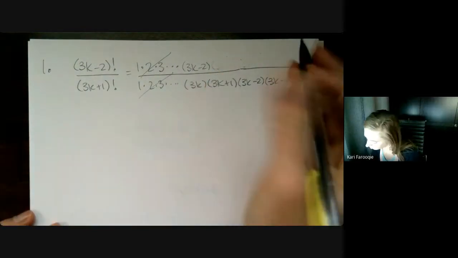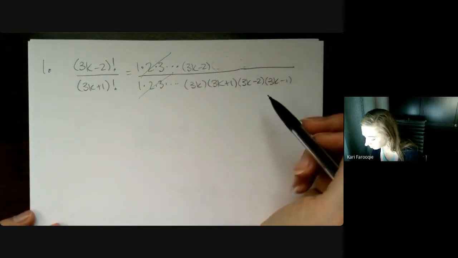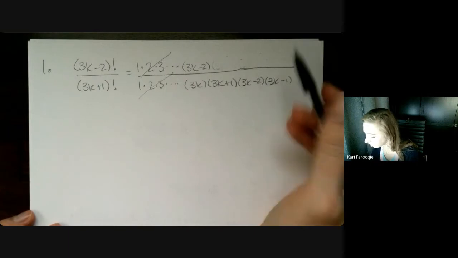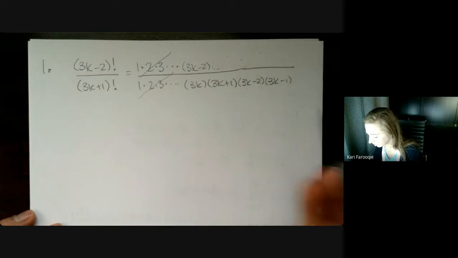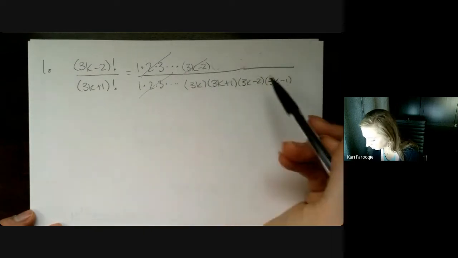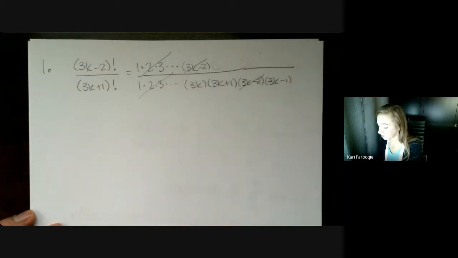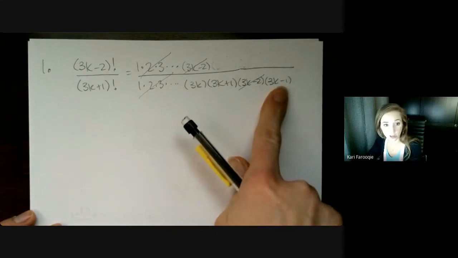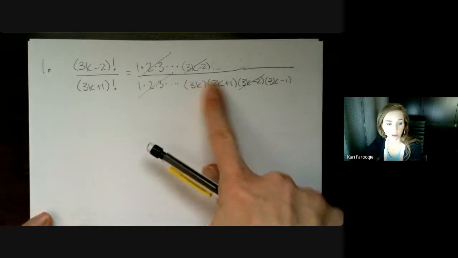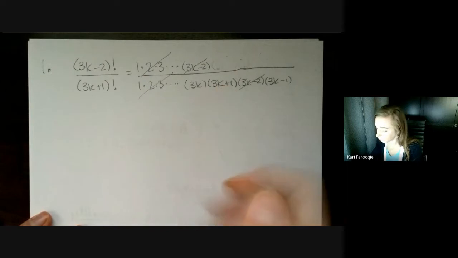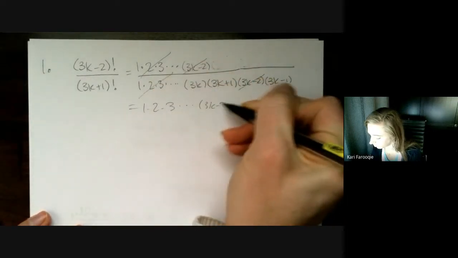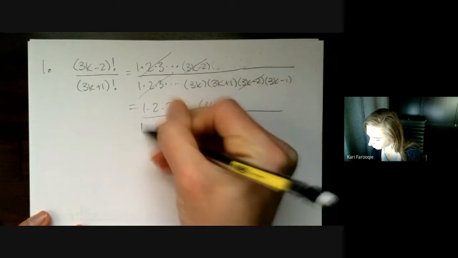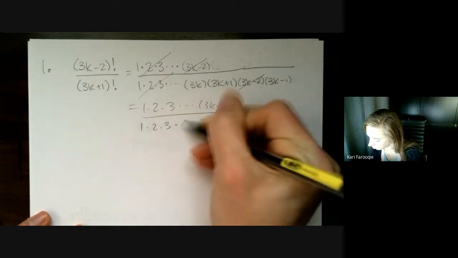So I am going to go ahead then and cancel out anything that I can, which for me is, since I put these in the wrong order, I know it's going to go all the way up to 3k minus 2. However, that still leaves me with a 3k minus 1, a 3k, and a 3k plus 1. And if you find this confusing, it'll just take me like 2 seconds to rewrite this, so I might as well just rewrite it since I wrote it backwards.